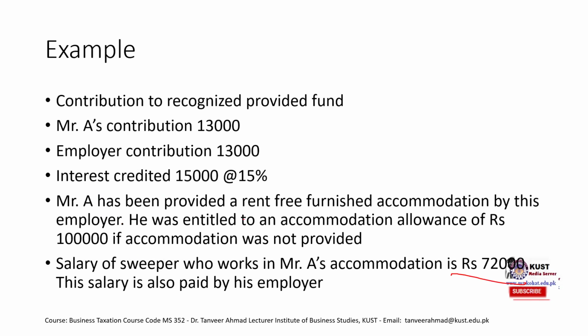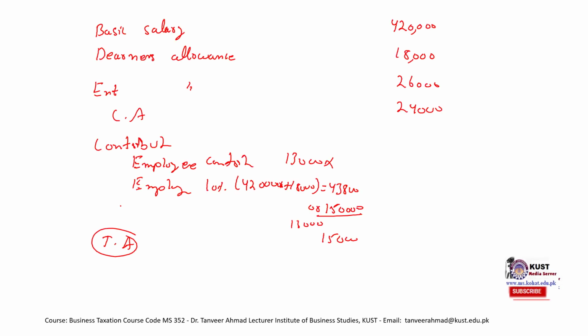Okay, next, the employee had been provided an accommodation. If the employee was not provided accommodation, then he would have been provided 1 lakh rupees. Remember, in case of this accommodation, you would have to calculate 45% of the minimum of time scale.